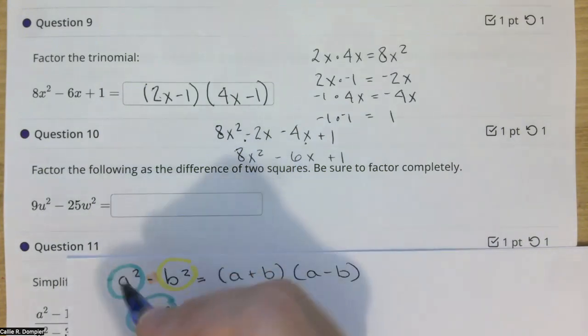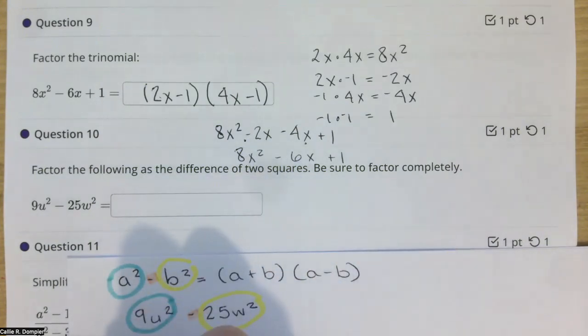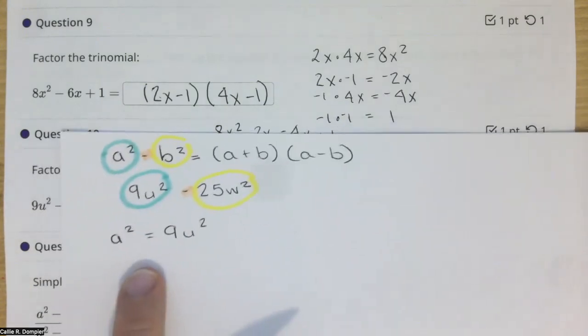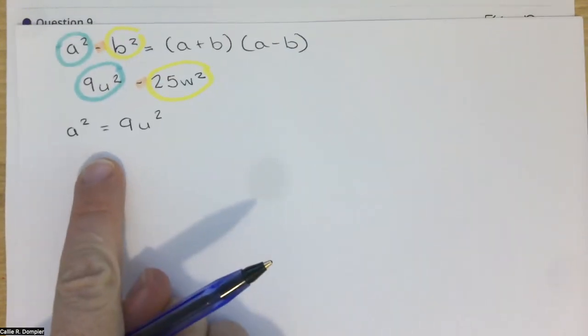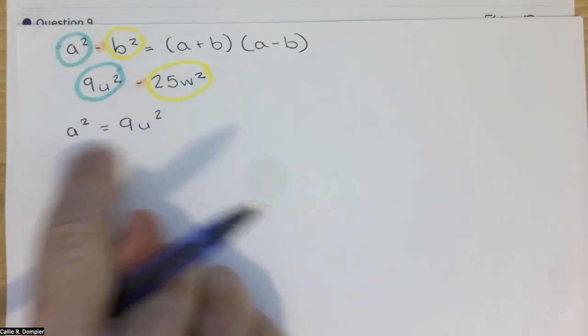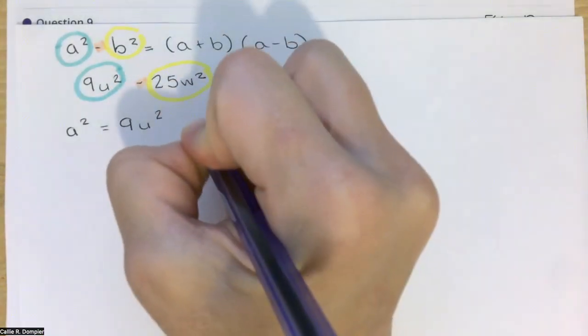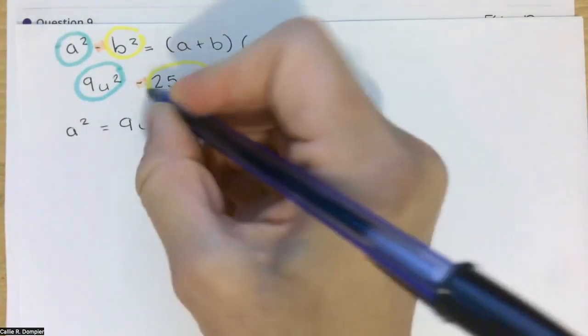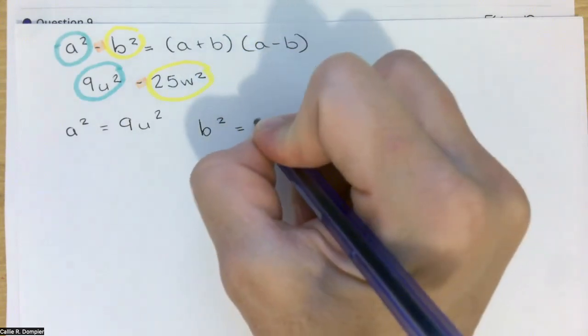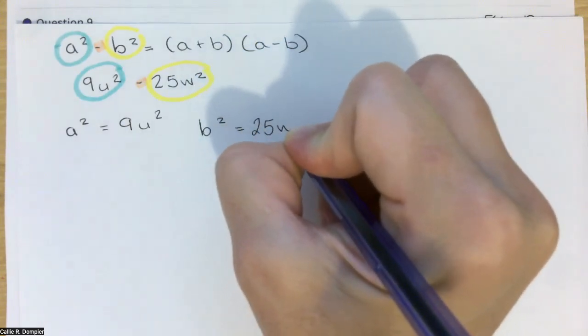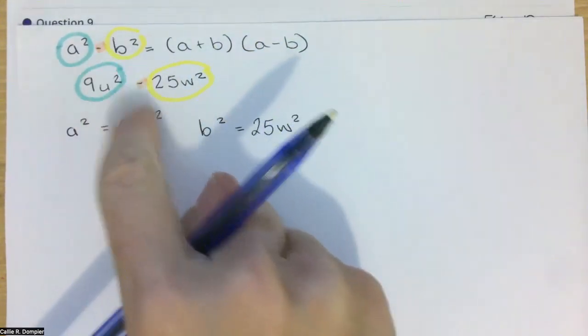All right, a squared is 9u squared. Those look the same to me. B squared is not negative 25w squared, it's just 25w squared because the negative is part of the equation.